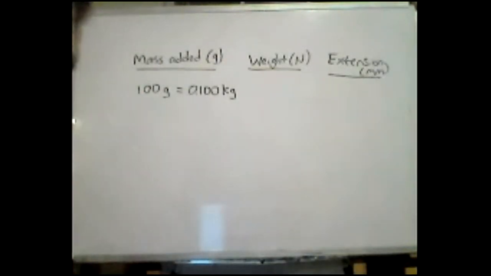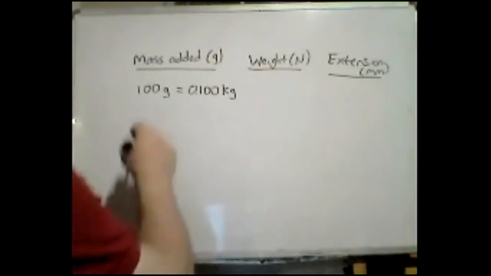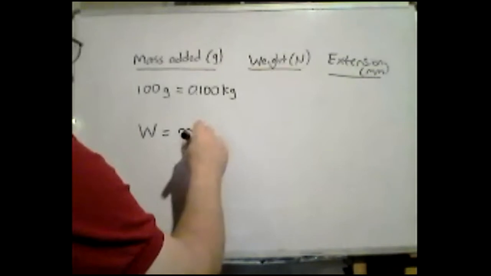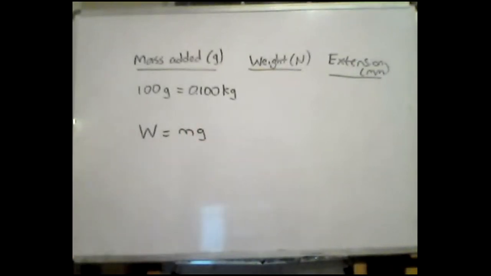Now I have to deal with the weight. So how do you figure out the weight? Well, the weight of a body is its mass times gravity. On the Earth, we would use 9.80 meters per second squared. On the moon, we would use about 1.6 meters per second squared.